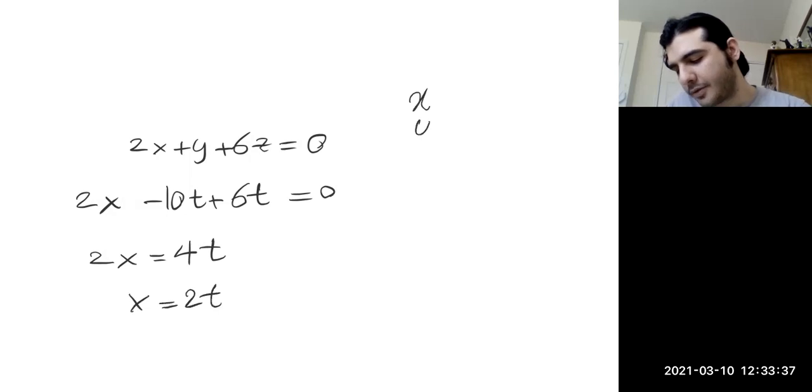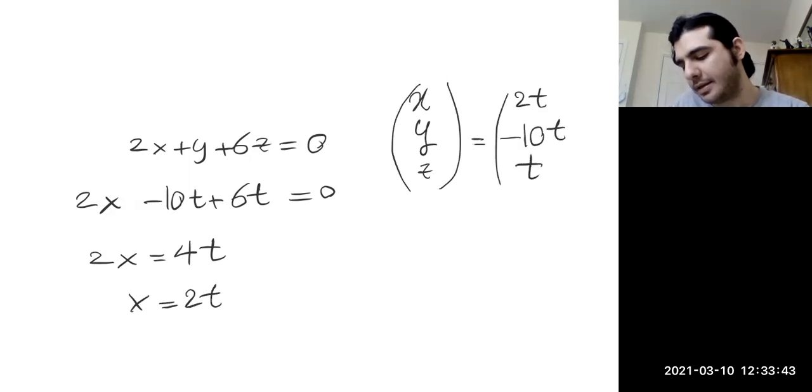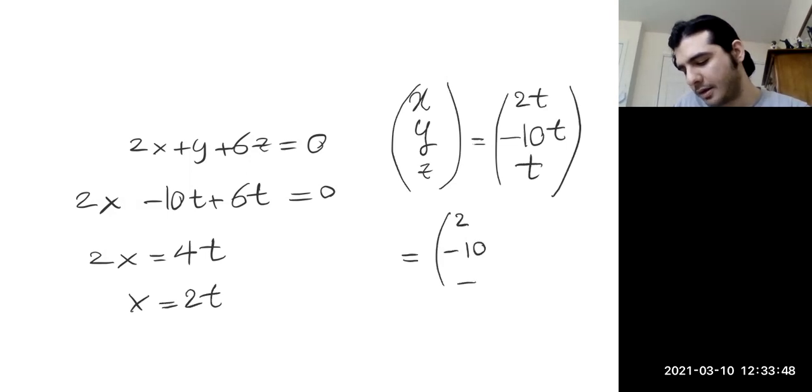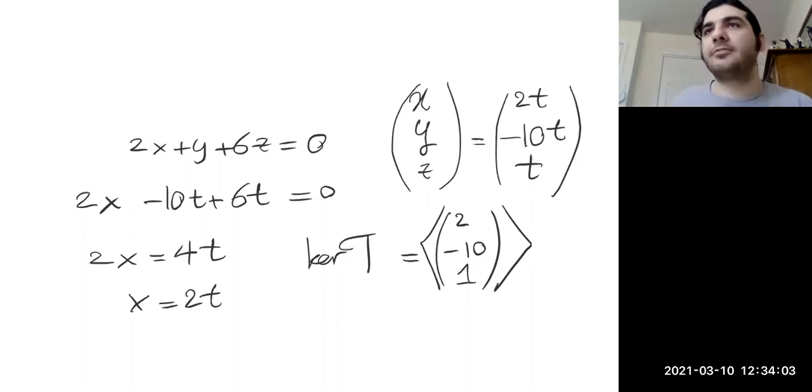Therefore, the points of the form x, y, z are equal to 2t, minus 10t, and then t, which is equal to the vector (2, -10, 1) times the variable t. So actually the kernel of our map is the span of this vector, because the span of this vector means multiply this vector by any real number you want.